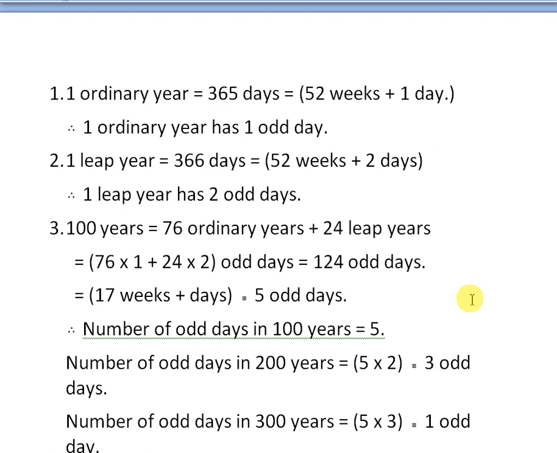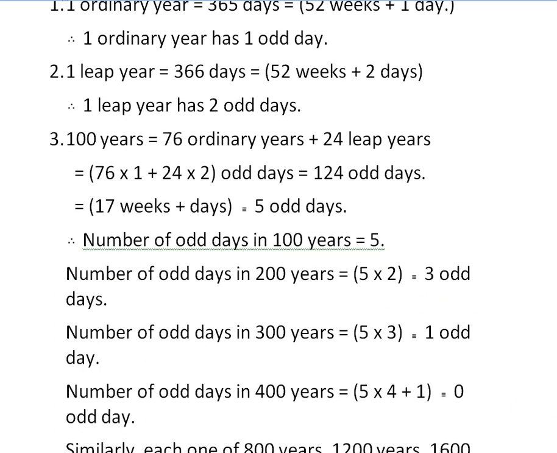Now the number of odd days in 200 years equals 5 into 2, which is 3 odd days. Why did we do this? Because we know that for 100 years we have 5 odd days, so for 200 years we multiply 5 by 2. That gives 3 odd days.